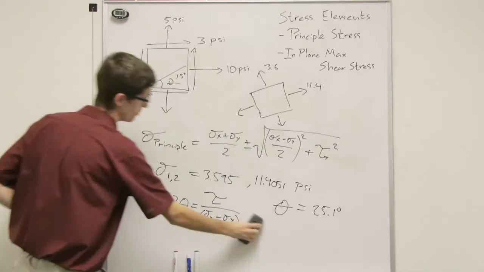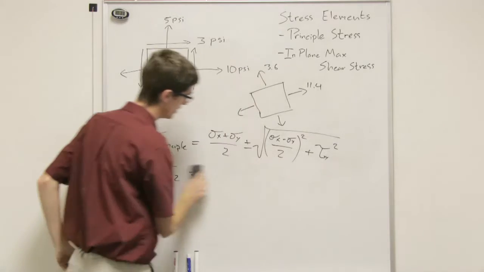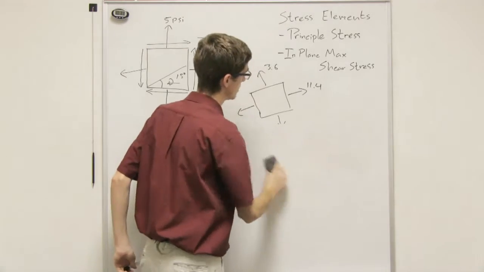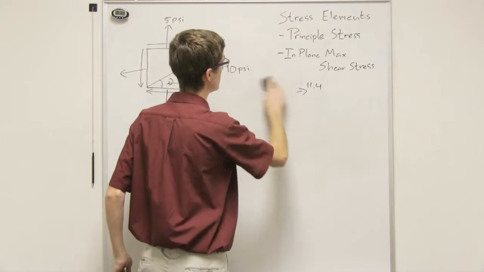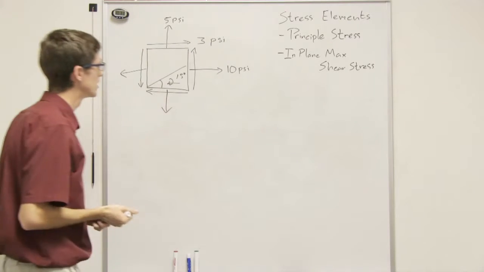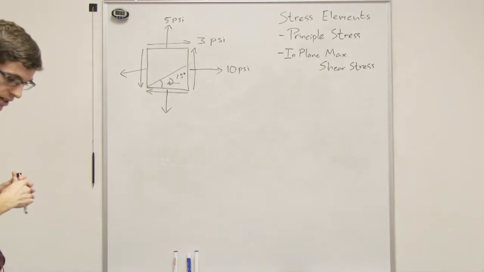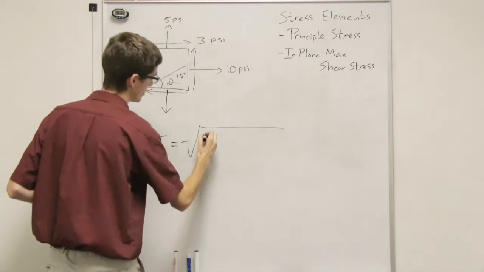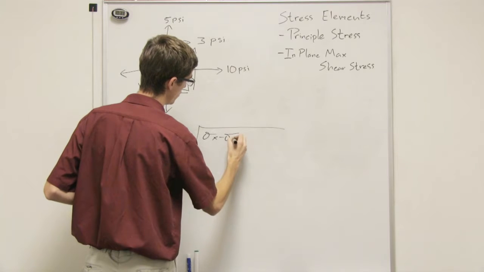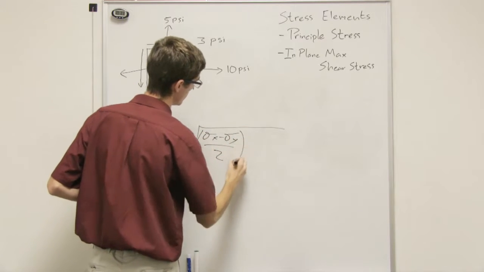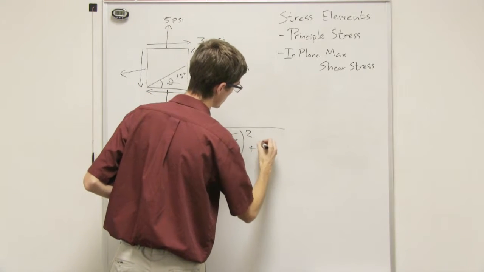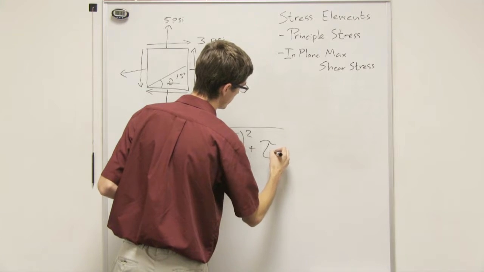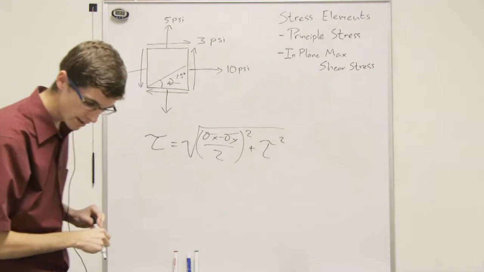Now when we want to find the maximum shear, it's the same type of thing. You have another equation where the shear is equal to the square root of sigma x minus sigma y over 2 squared plus the shear squared.